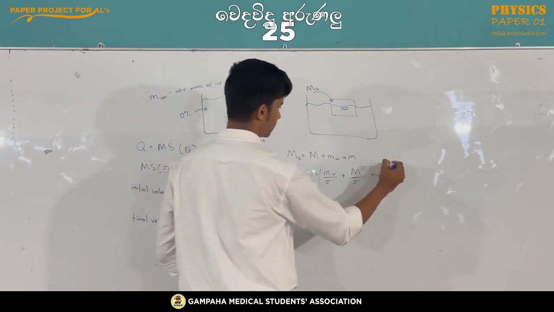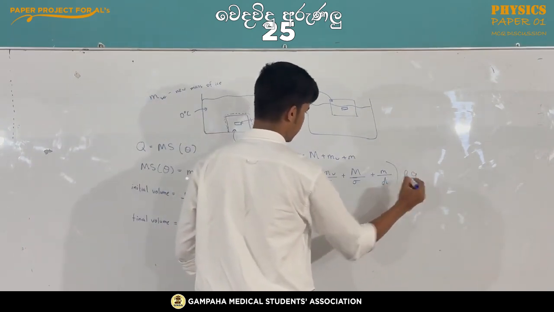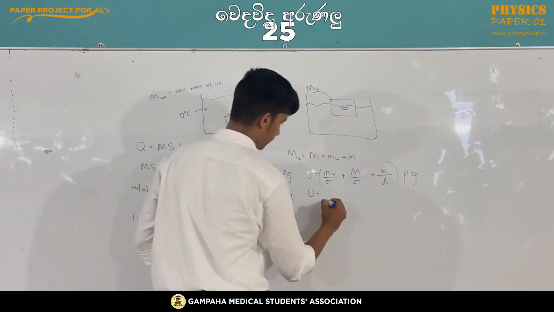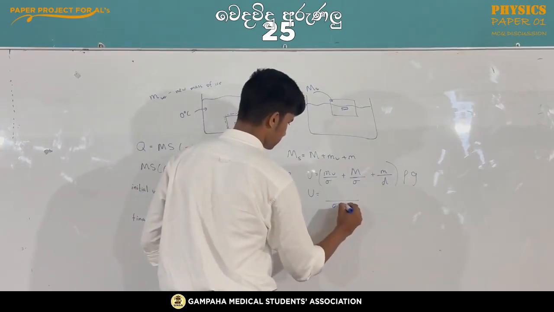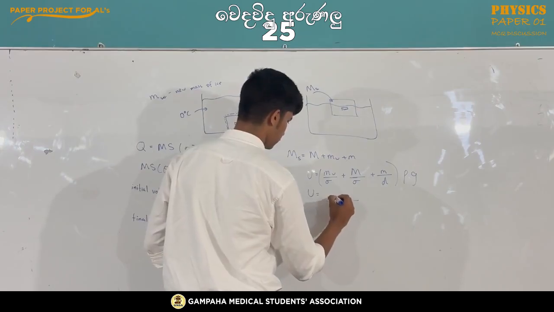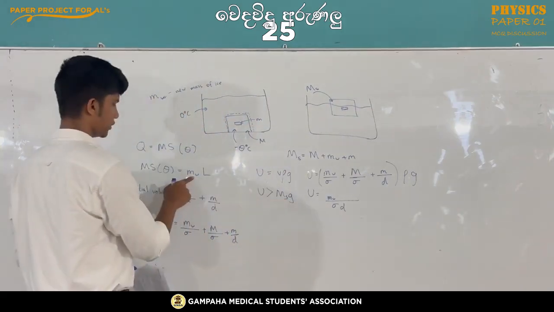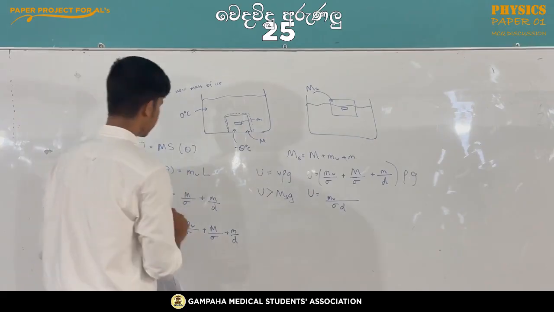This should be multiplied by the density of water, which is rho, and g. And we can get the common multiple. So instead of m W, we can substitute in these values.